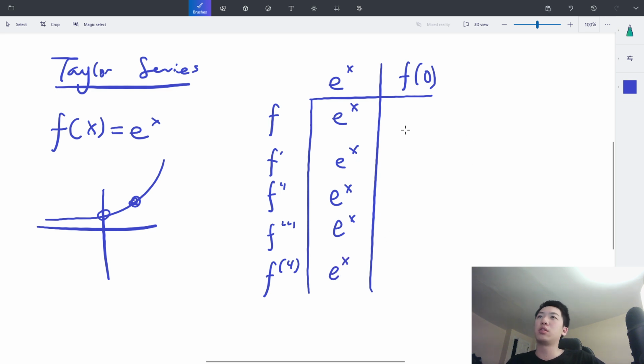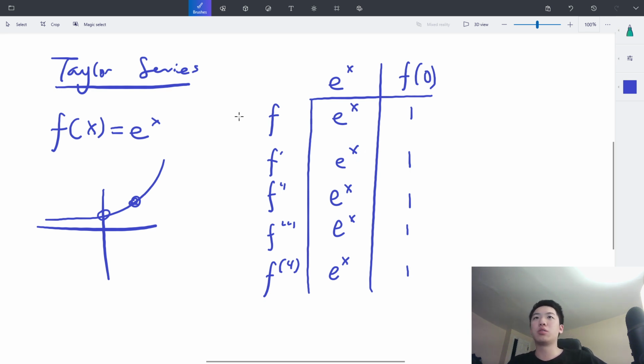So that's good. Now we calculate the value at 0, and it's all 1. Very interesting. Okay, so now we know the function we want has these derivative values at x equals 0. Note that this is just at x equals 0. This is not true for anything other than at x equals 0.